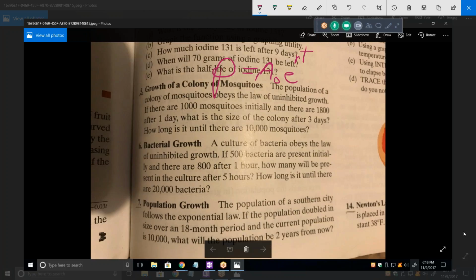This one's worded a little bit differently. The population doubles over an 18-month period. Well, that means no matter what it started with, P is going to be 2A. So I can solve it like this, and the A's divide out.